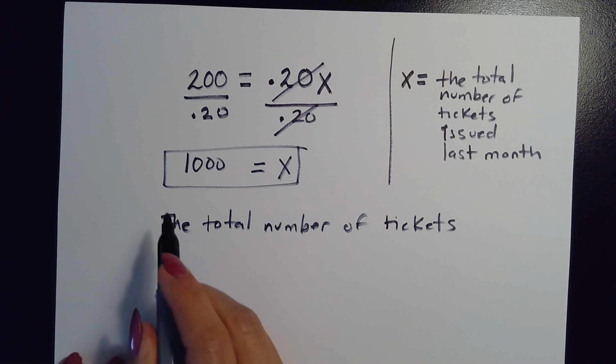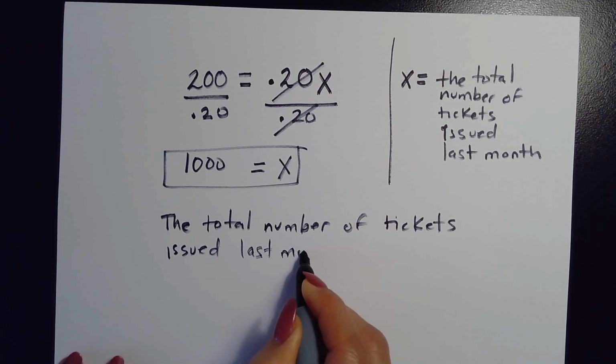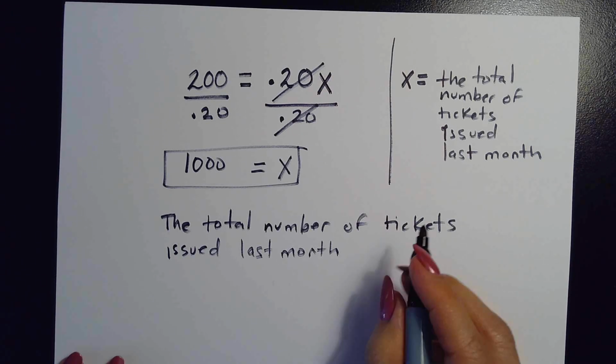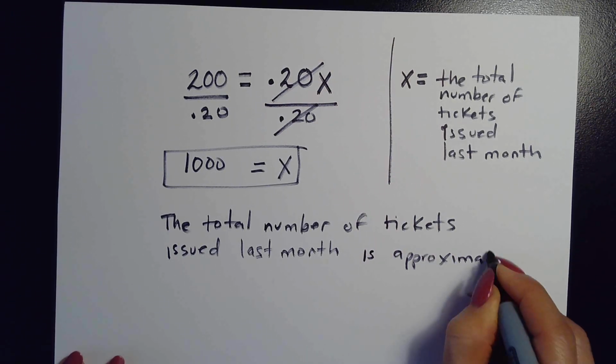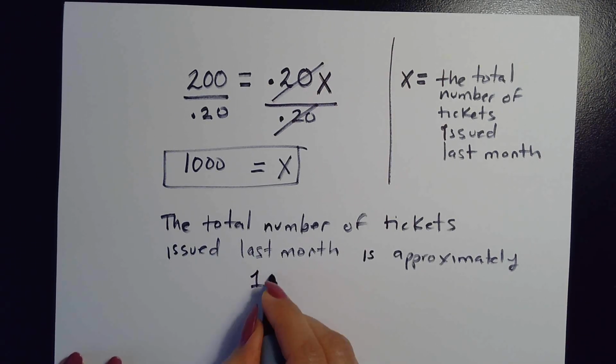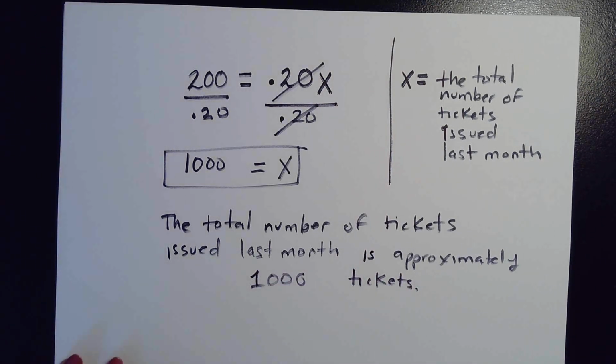So the total number of tickets issued last month is approximately 1,000 tickets. Okay? All right. So that is example number 4. Make sure you take the time to go over this carefully.